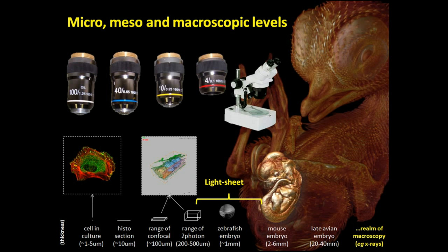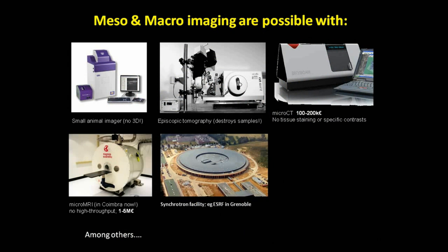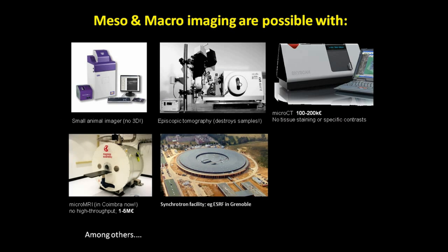And there have been a few techniques out there which can provide you some of this information. One is small animal imagers, but they don't really give you three-dimensional information. They would give you something like a rough image of where a tumor is inside a mouse if you use luminescence, for example. There's another interesting technique. It's known by many different names.